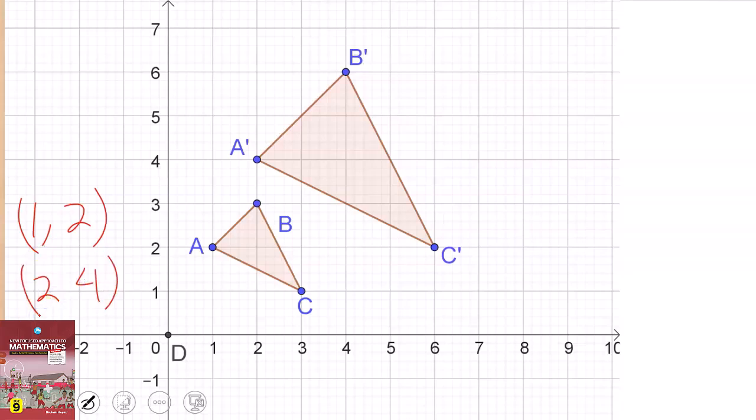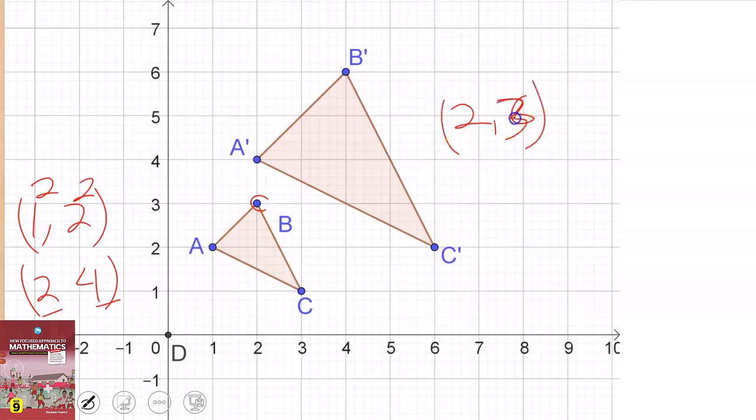I multiply the point by the scale factor. So here by 2, here by 2, then I get (2, 4). Look at B: the original point is (2, 3).